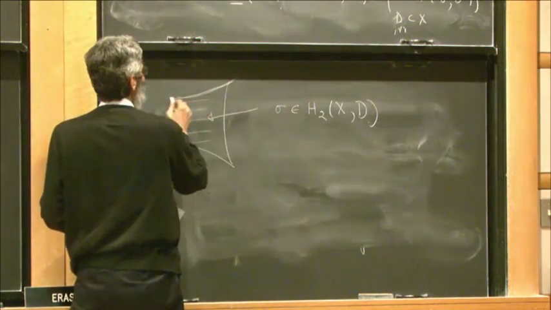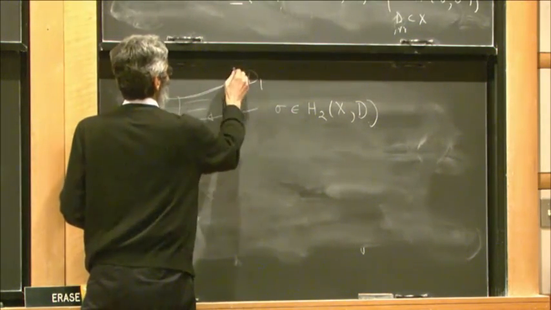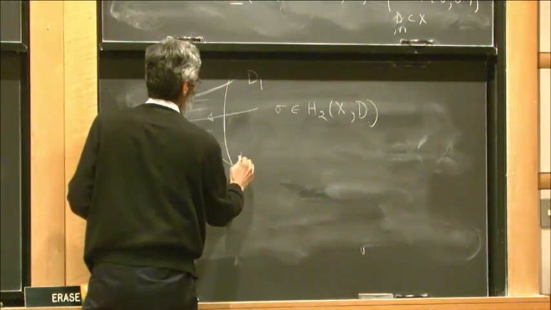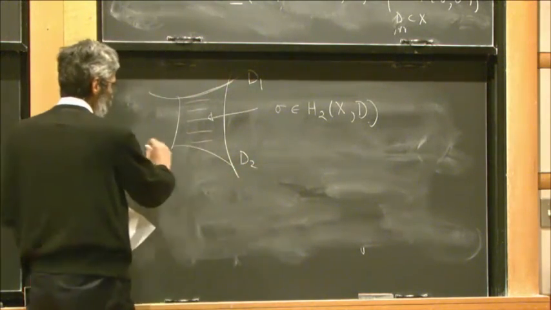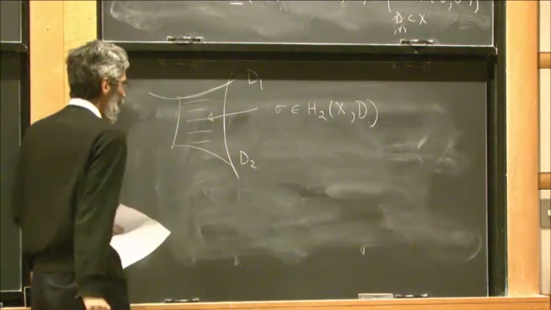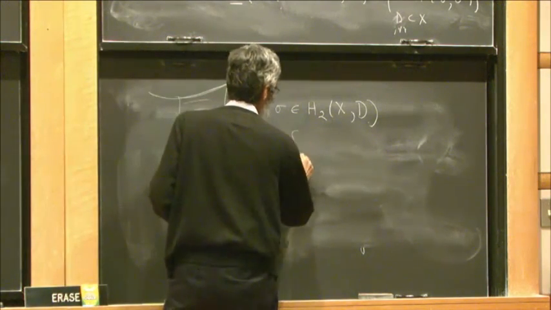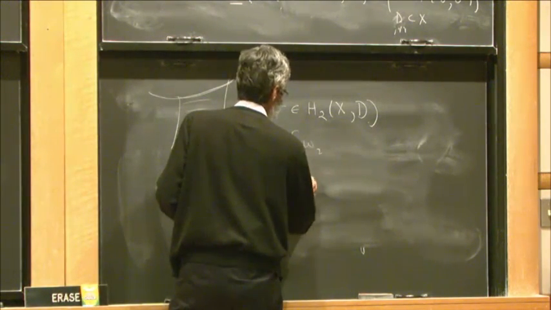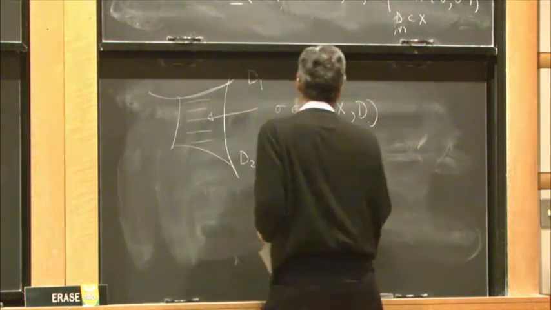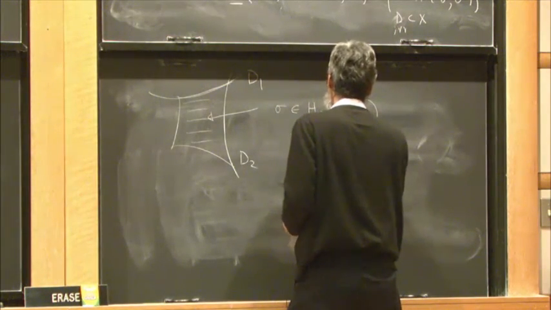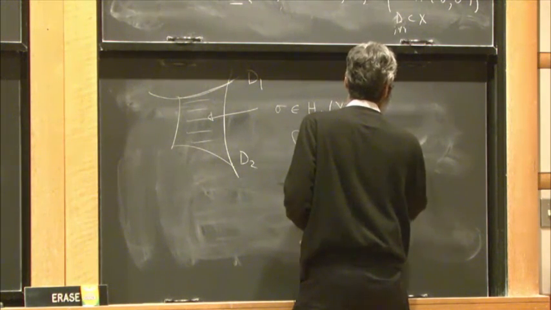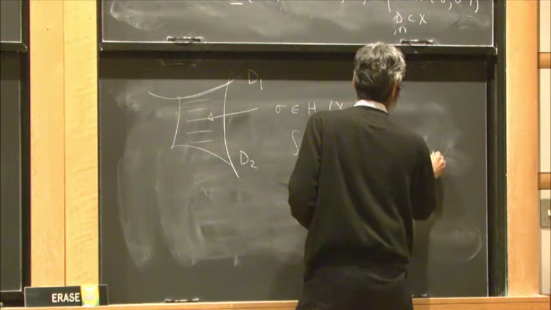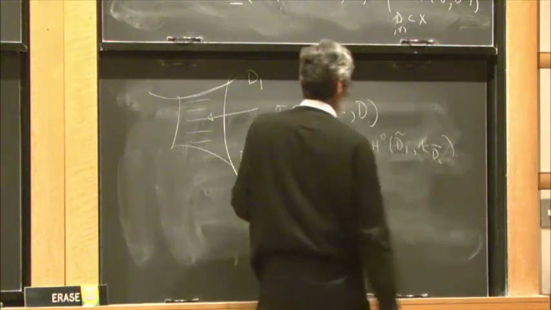So these things are in D2, etc. So these boundaries are paths, meaning one-chains supported on that, and then you can take an integral of omega i over di, where these are in H naught di tilde k.